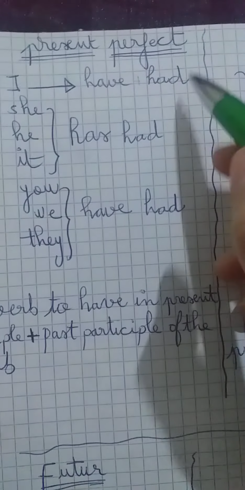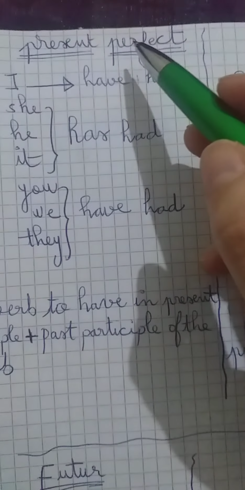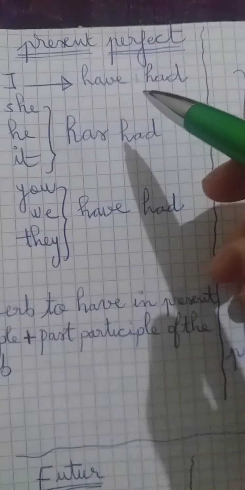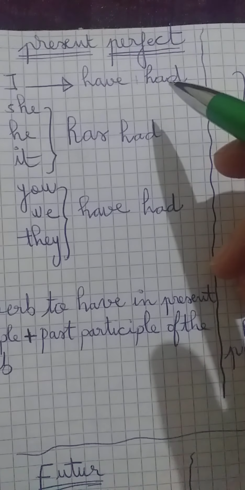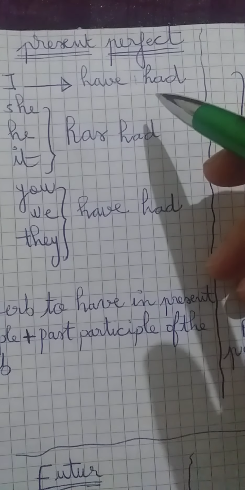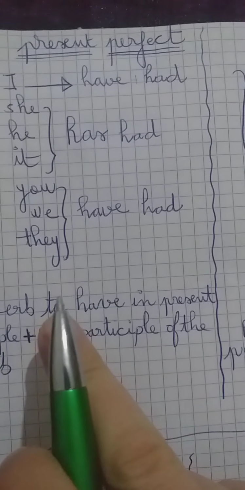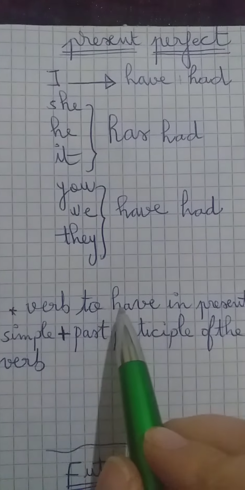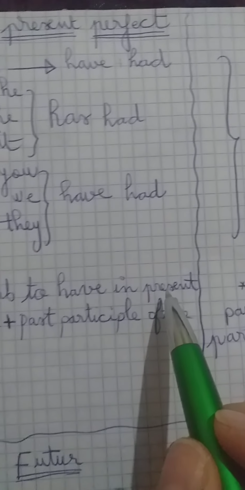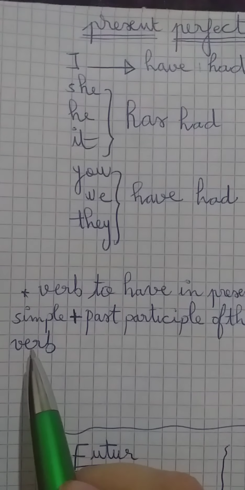Plus here, had. Had, c'est le participe passé de l'auxiliaire to have. Donc, comment on forme le present perfect? C'est le verb to have in present simple plus past participle of the verb. Je pense que c'est clair.